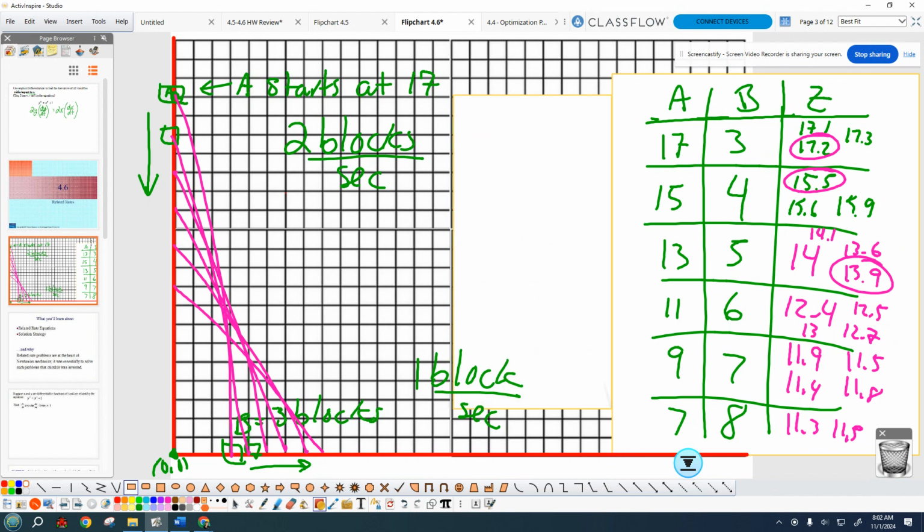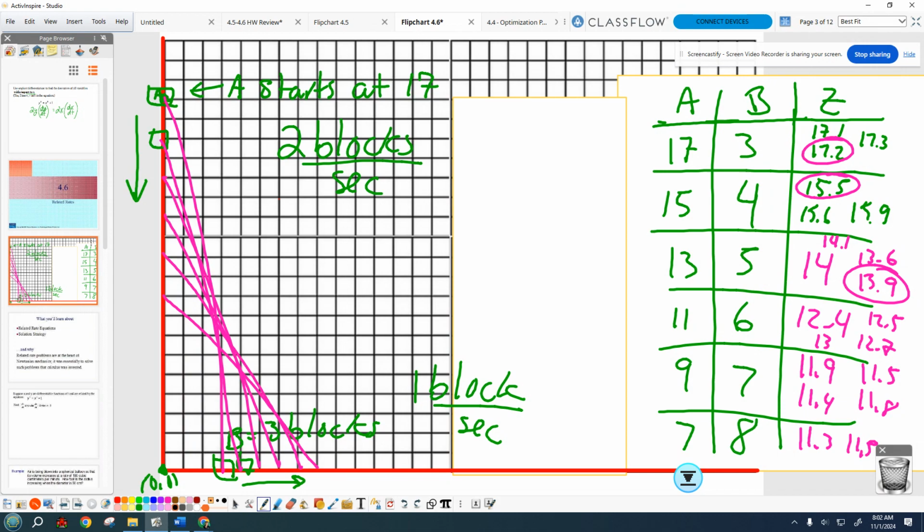So, related rates. What is the relationship of this distance and that distance? Is there some math operation that I can connect them together? Pythagorean theorem, okay. So a squared plus b squared equals c squared.